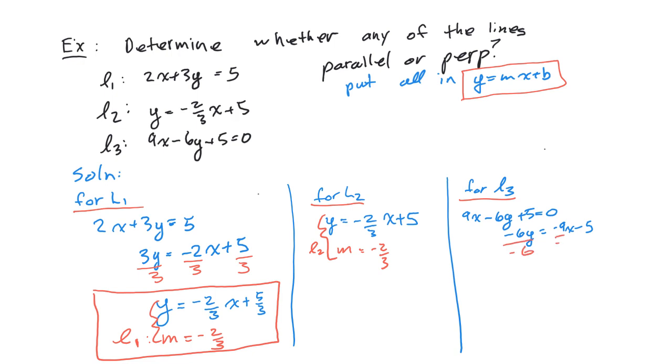Negative 9 divided by negative 6, and you end up with y is equal to 9 divided by 6, which is 3 over 2, x plus 5 over 6, which means its slope here is equal to 3 over 2. And that is for L3.